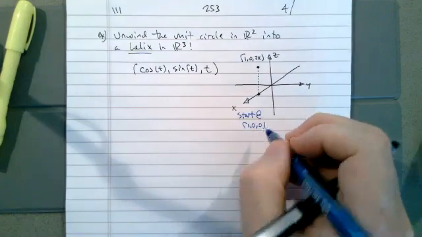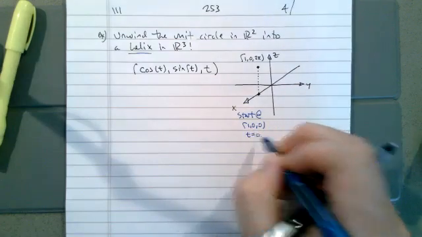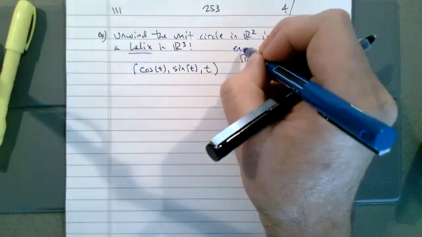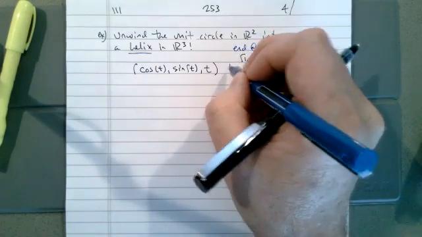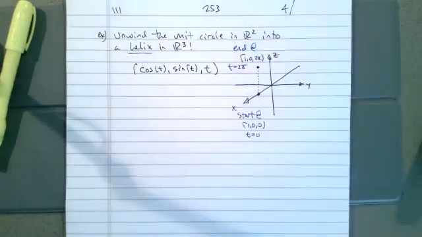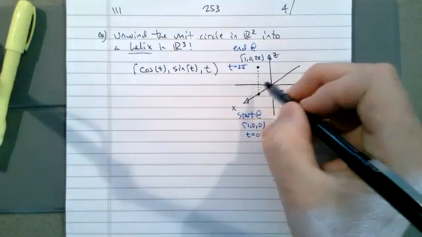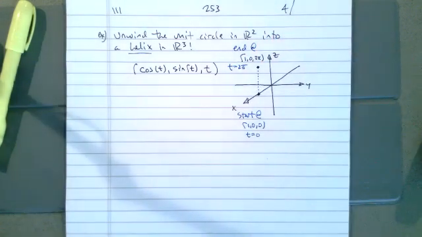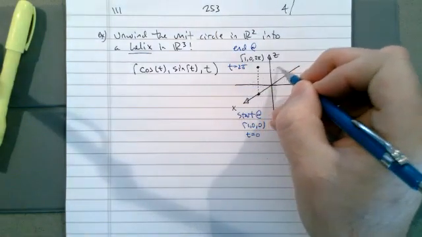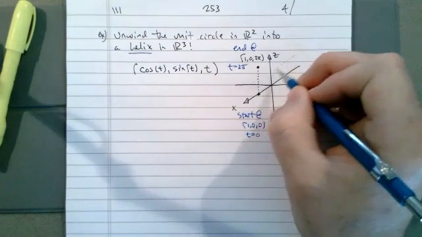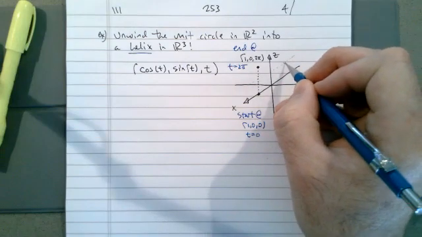So we start at 1, 0, 0 when t is equal to 0. We end up at 1, 0, 2 pi when t is equal to 2 pi. In the middle, we imagine halfway up. That's when we'll be at the back end.